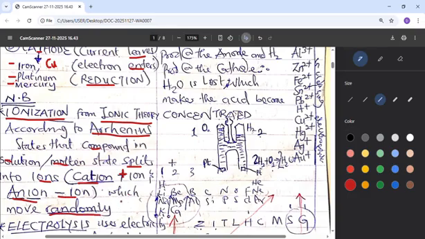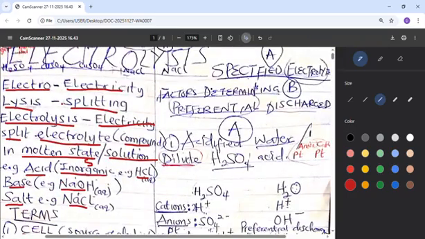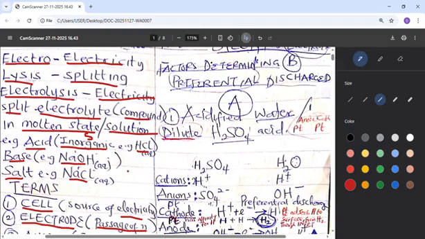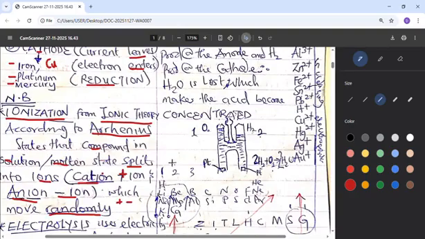That means the ions, the plus, the minus, they'll be moving randomly. Unlike electrolysis, which involves electricity, the electricity will actually arrange the ions that have been split. So electrolysis will arrange. It means it will make the cations go to the cathode, anions to the anode. So that's for electrolysis. But if it is ionization, they will be moving randomly.